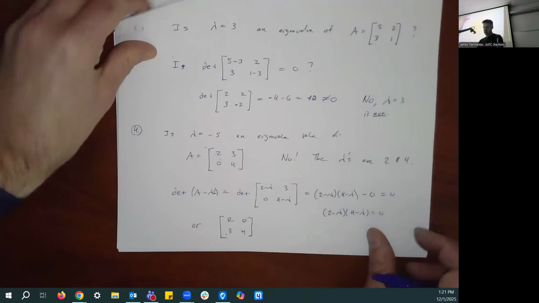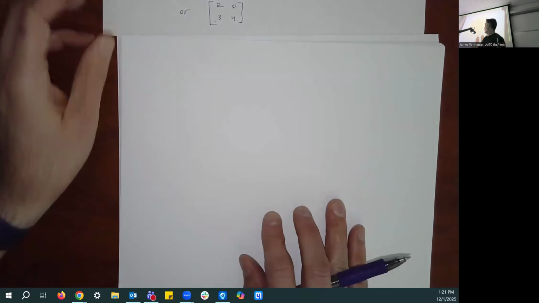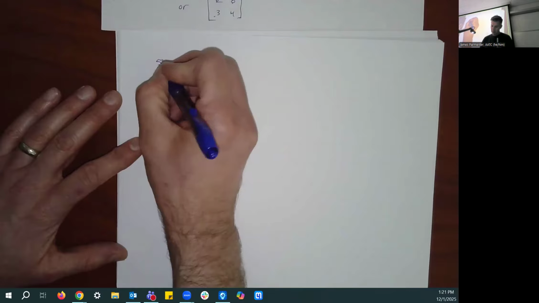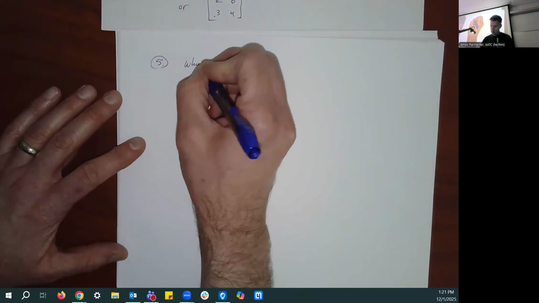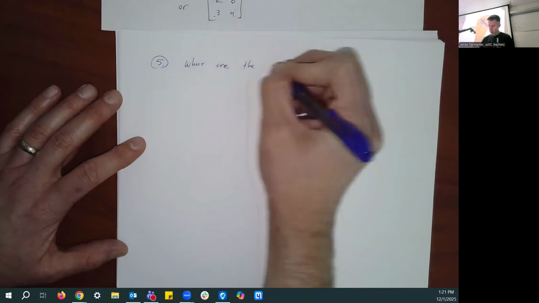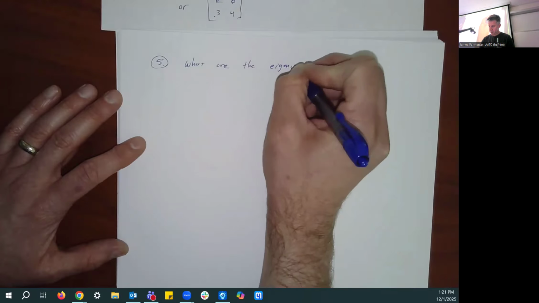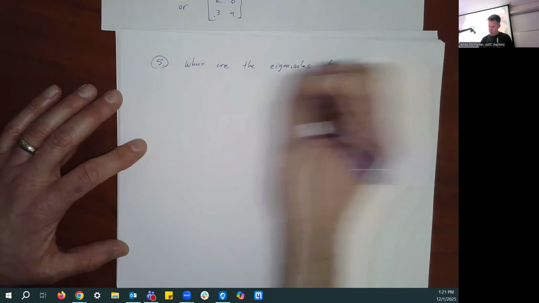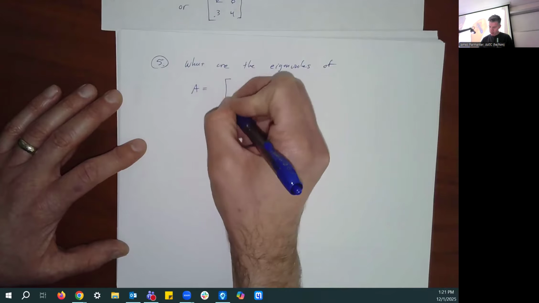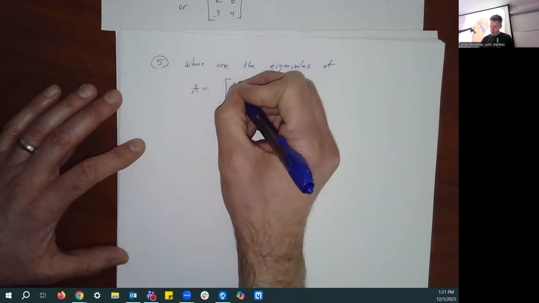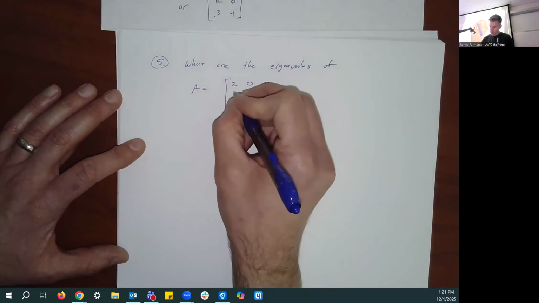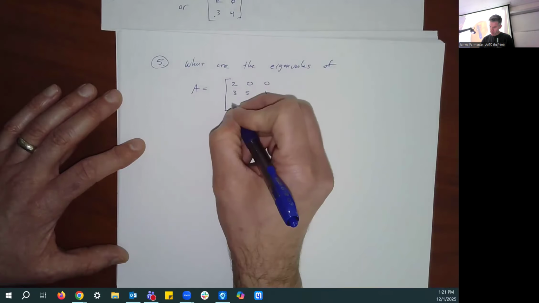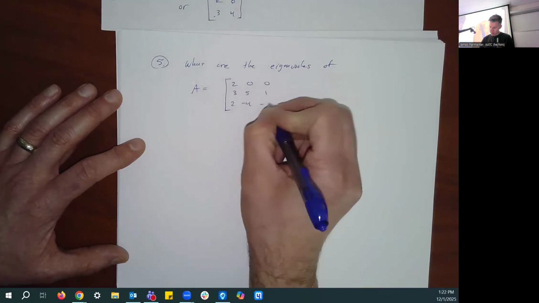So instead of asking the question this way, I'll just say what I really want to say, which is this. What are the eigenvalues of the matrix A equal to, sure, let's do it this way, 2, 0, 0, 3, 5, 0, 2, -4, -6.